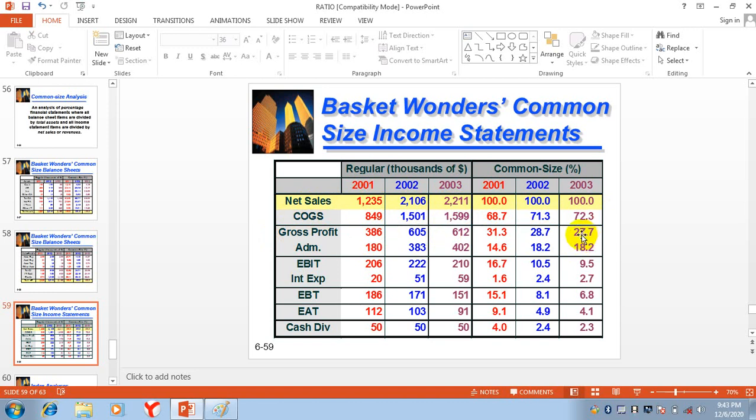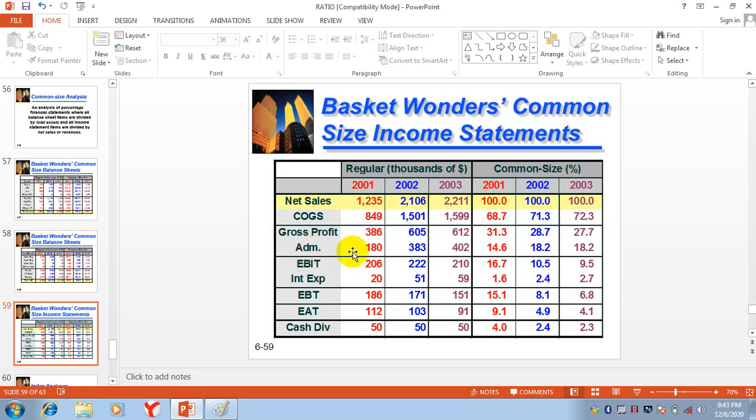I told you in the definition, all items of the balance sheet will be divided by total assets, and all items of the income statement will be divided by net sales. So this is the item gross profit. We will divide it by net sales, 1235, and we are getting these percentages. So our gross profit is going down, which is a weak point.